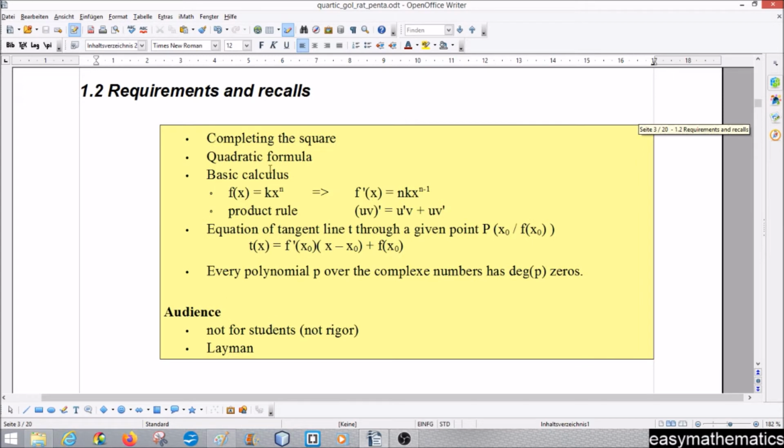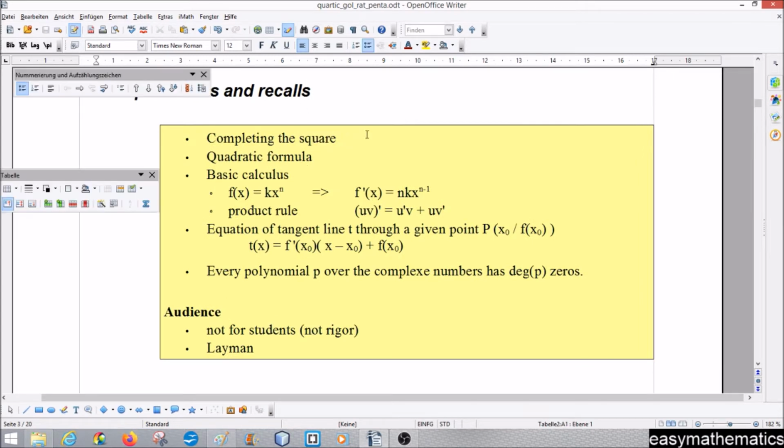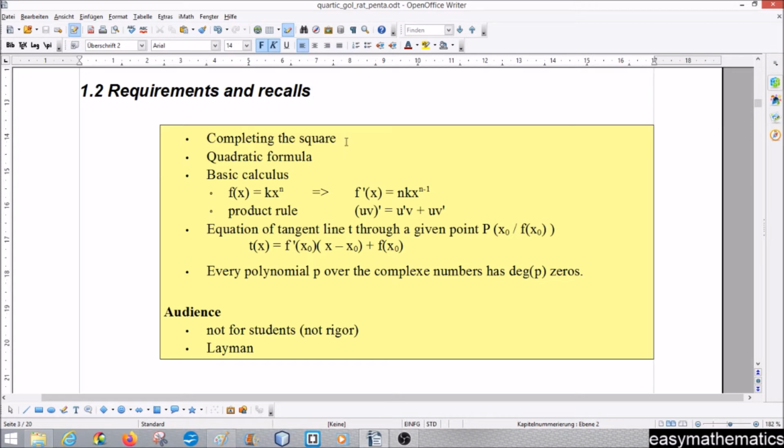Now for the requirements, you should know completing the square. I will not go into these kinds of details. The quadratic formula you should know. Then basic calculus, you should know the derivative of a polynomial, so how you derive it.